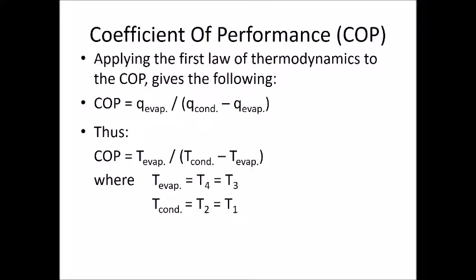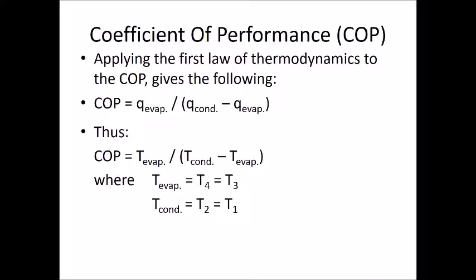So write that one down as well. So COP equals T evap divided by T cond minus T evap. And that little kind of innocuous looking expression there is going to throw up an interesting problem later on. And it's an interesting performance problem that every single refrigeration system suffers with.